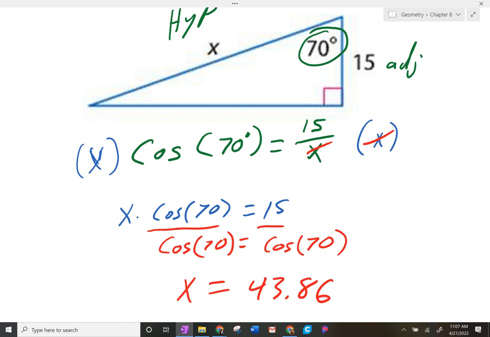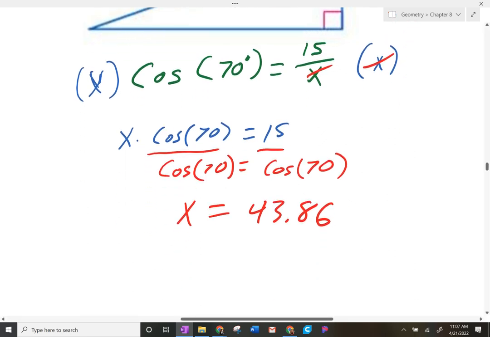Yeah. So if you would have just done this one and changed to a decimal first, it would have been 0.342. So 15 divided by 0.34. Yeah. If you have a calculator that does not want to work with you, sometimes you'll need to write down the decimal beforehand. Make sure you put down at least 2 decimal points.